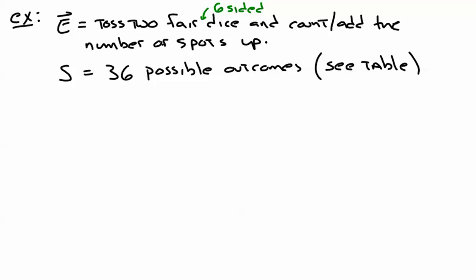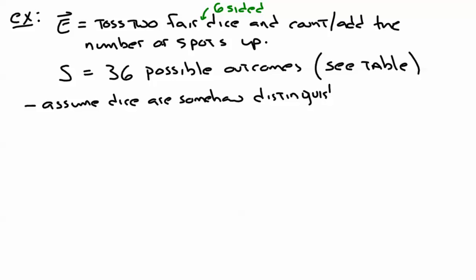I'm going to assume that my dice are somehow distinguishable from one another and that they're named die 1 and die 2.